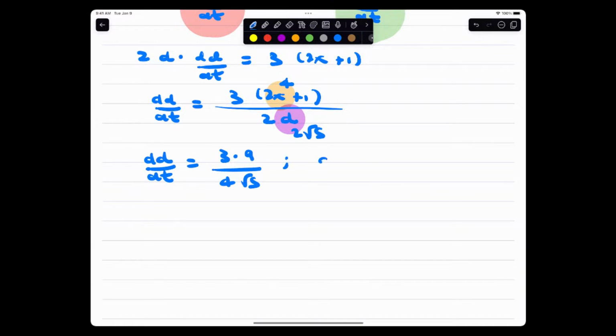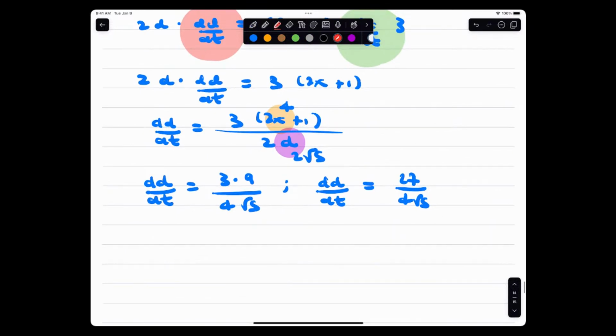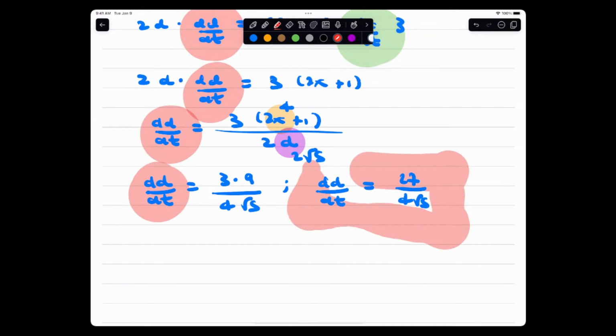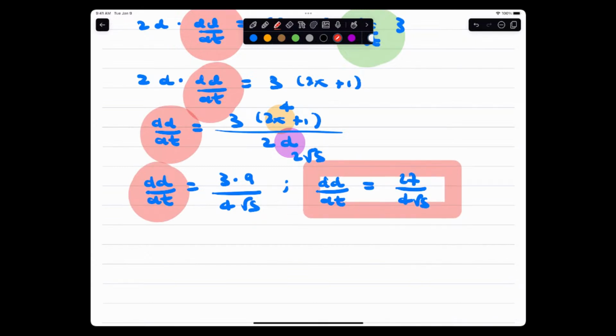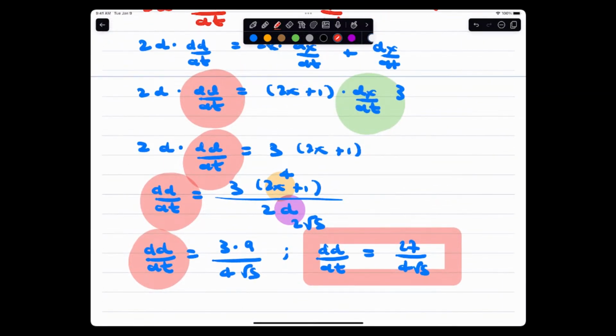So it looks like dD/dt, that rate, will be 27 over 4 square root of 5. So there you guys go. Again, another classic related rates question.